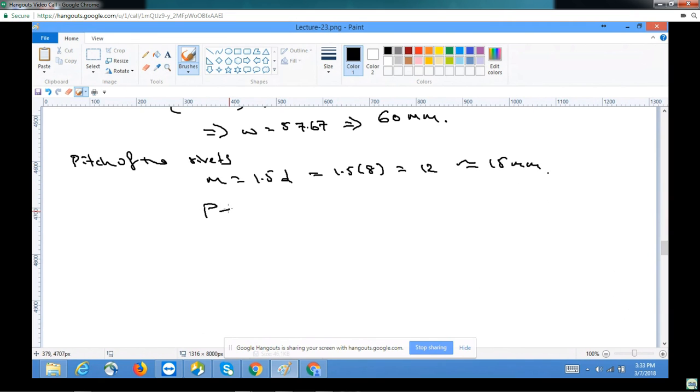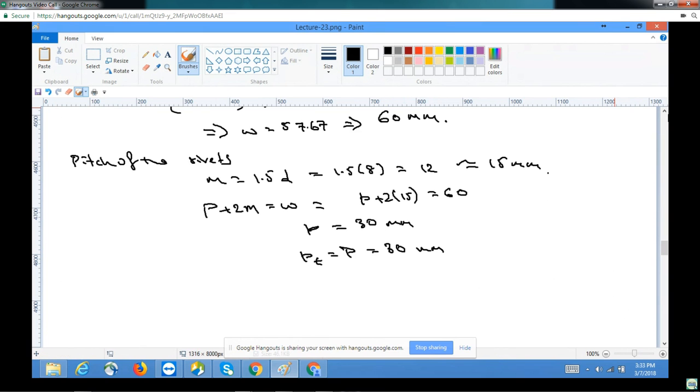Then P plus 2M will give us the width, that is pitch plus 2 into 15 is equal to 60, so the pitch is equal to 30. Since we assumed P transverse is the same as P, this is also 30 mm.